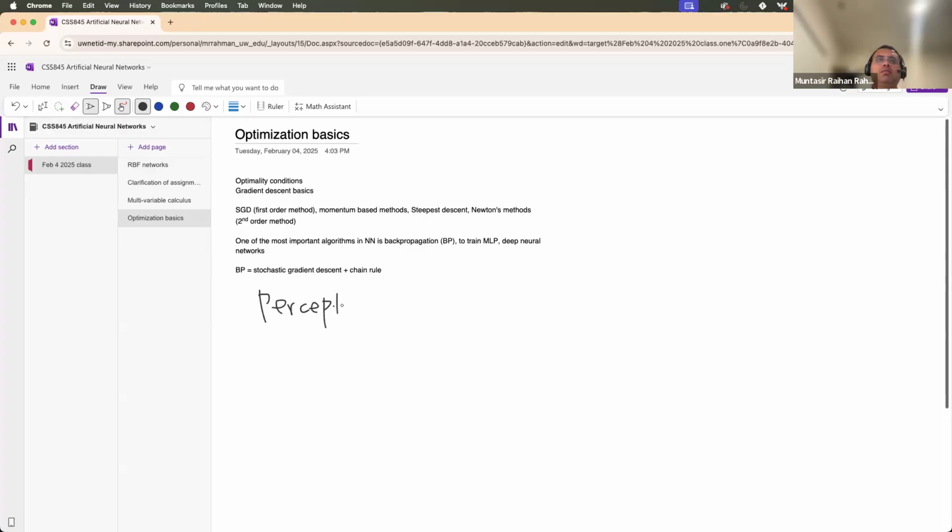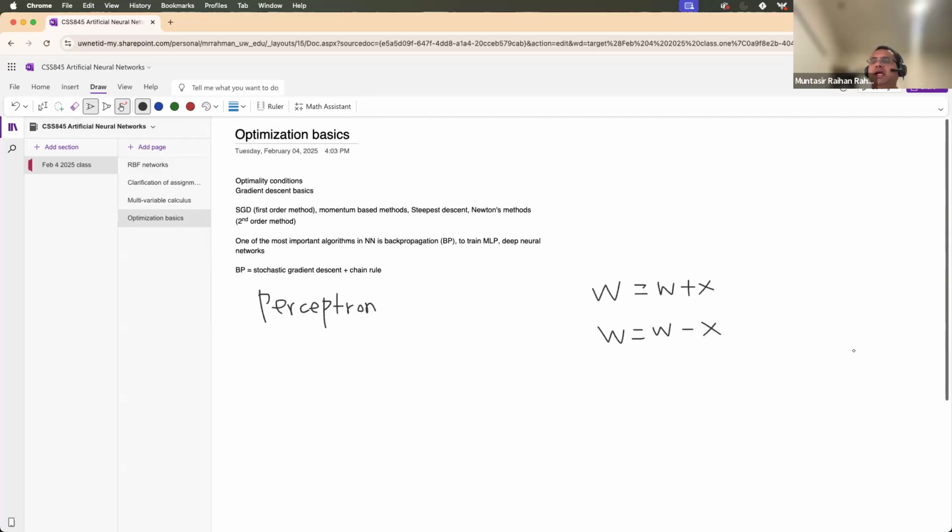And we saw that the learning rule looks something like this, right? So either it's W equal to W plus X, or the other way is W equal to W minus X, right?